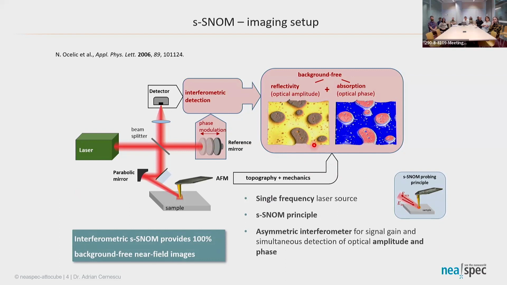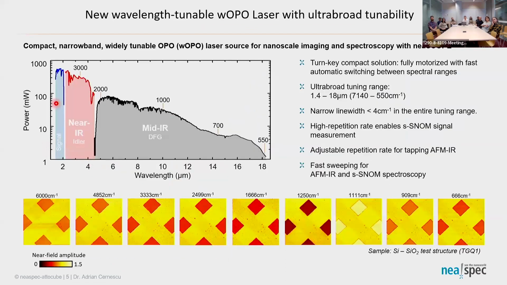But to get a feeling for the tuning range of the laser, what can you achieve? I want to show you this image here. We are using nowadays quantum cascade lasers or OPO lasers. The name is not that important, but what is important is, of course, the tuning range.